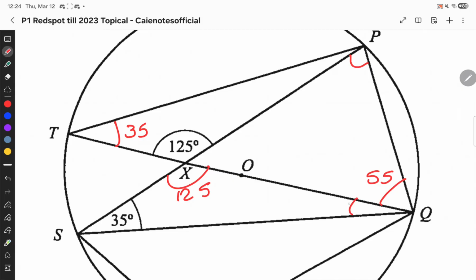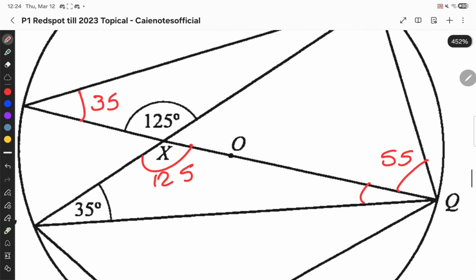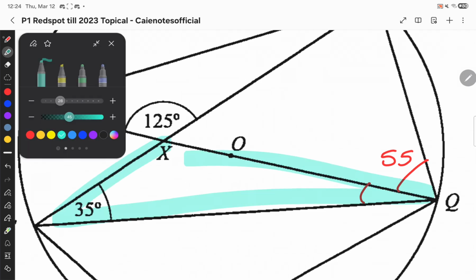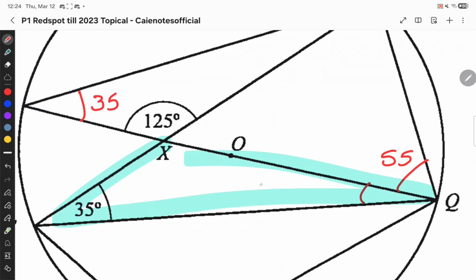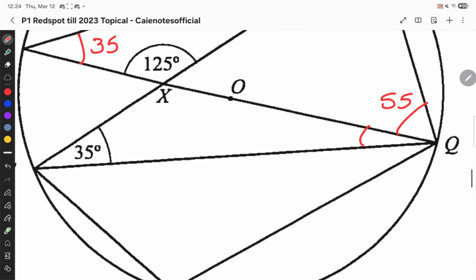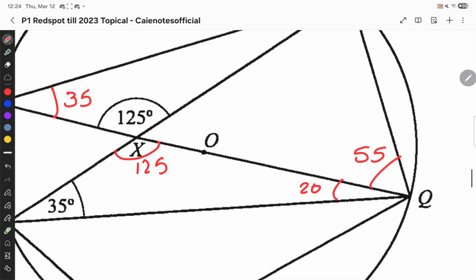Well, this is on this triangle like so, and we know for this to be complete we need to find this, and for this we know vertically opposite this will be, so this is 180 minus 125 minus 35 is equal to 20, and this is 180 minus 35 minus 20 minus 55, 70.